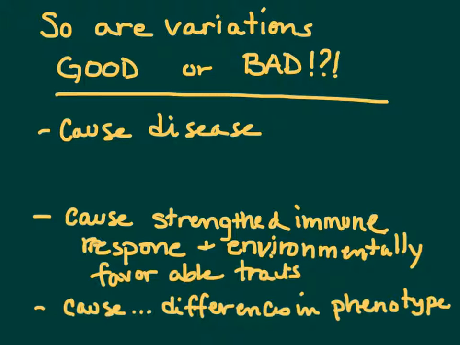You also read about cystic fibrosis in Francis Collins, as well as Marfan syndrome. So these variations between humans can cause some pretty drastic, significant diseases. So it seems like in this way that variation would be pretty bad.